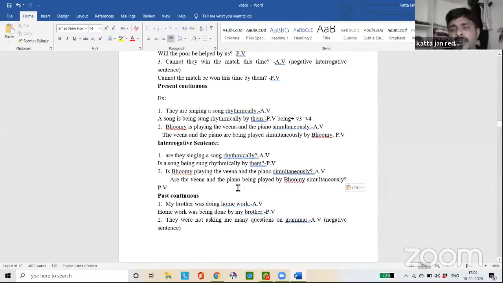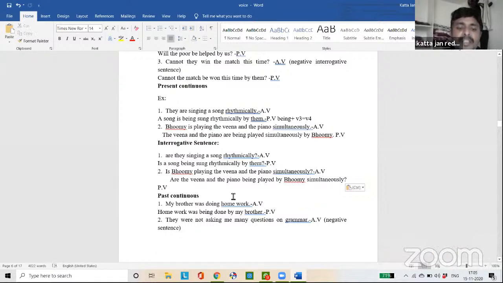Am I audible? Yes, sir. Okay. And this pattern is not confined only to the particular sentence. We can use it after V3 or after the object, right?